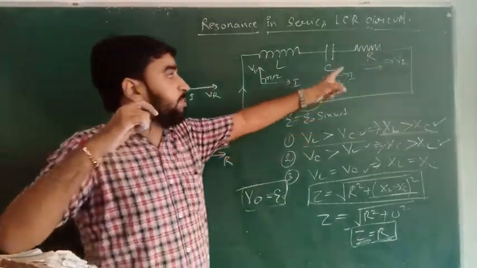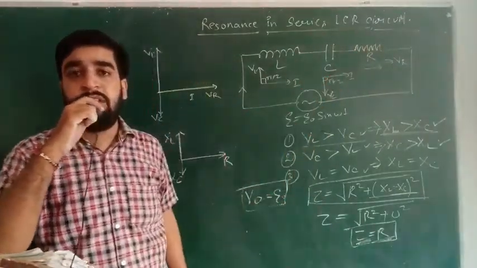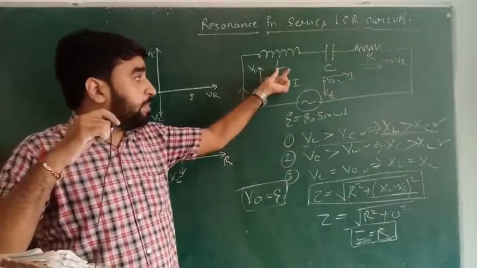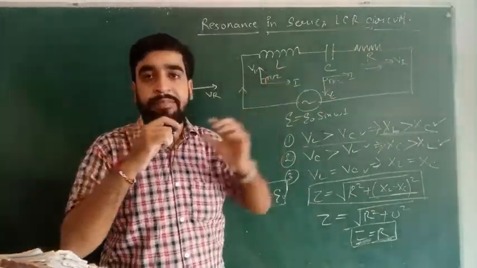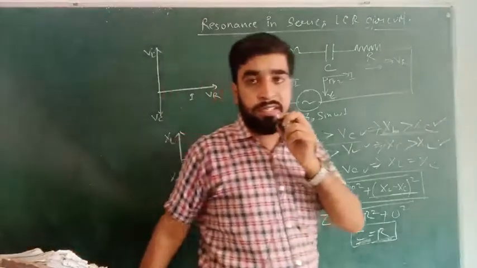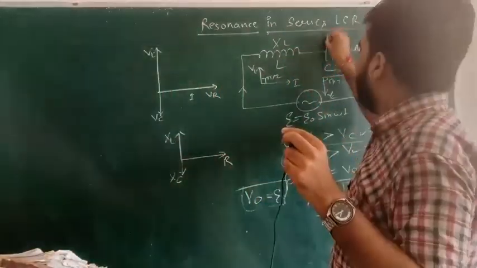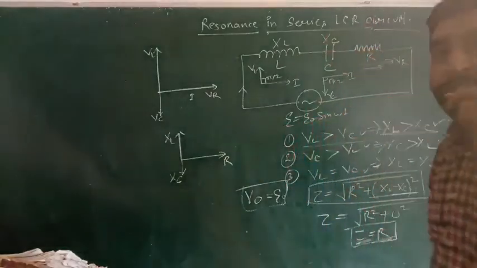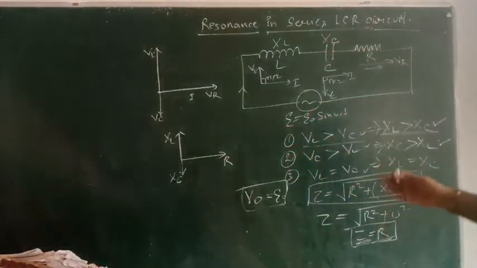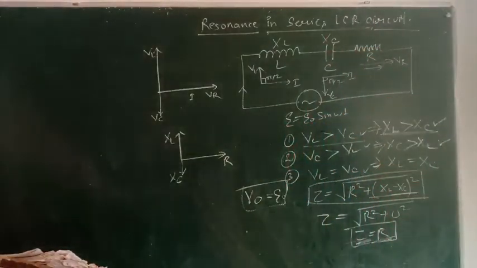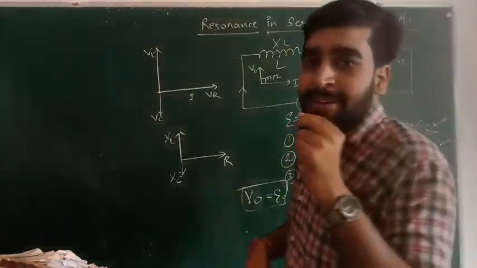This resistance is already present. But these two, L and C, meaning XL and XC, the resistance offered by this inductor XL and by this capacitor XC, are functions of frequency. How?